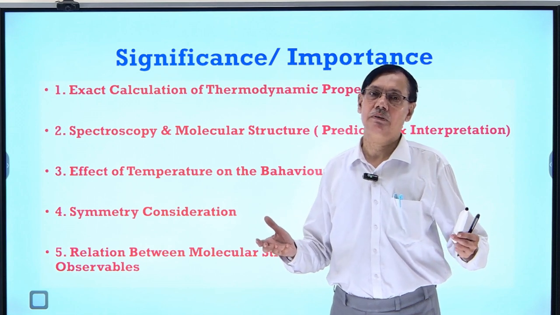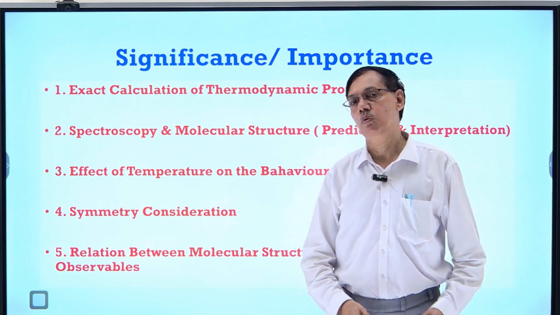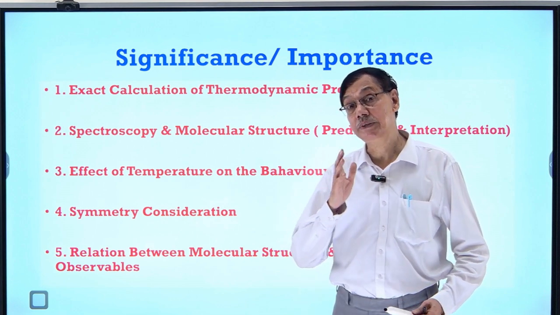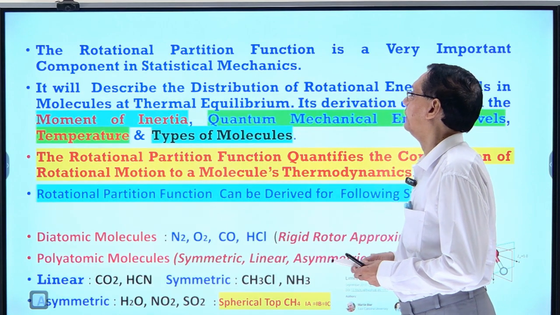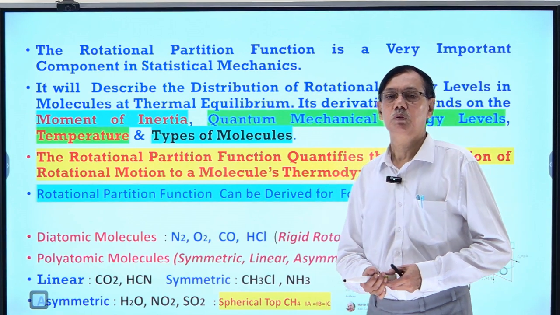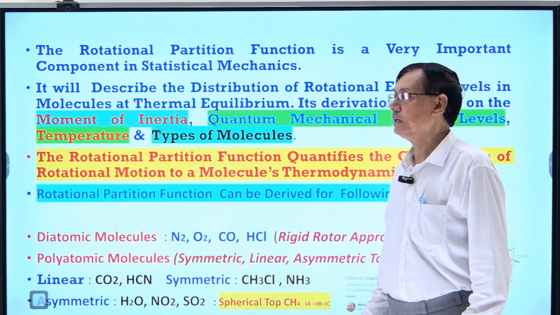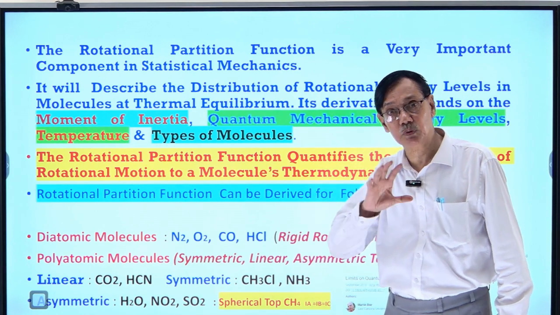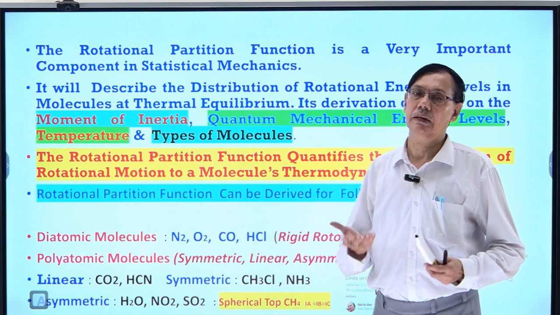So it is always a very important thing, whenever we start any topic, the student must know what the objectives of the study are. Now, I am coming to the next point. As I have already told you, the rotational partition function is one of the most important concepts, because the whole of spectroscopy is also based on rotational energy levels and other things.